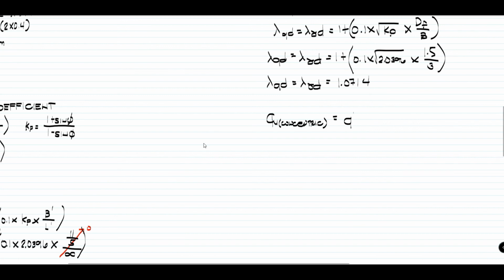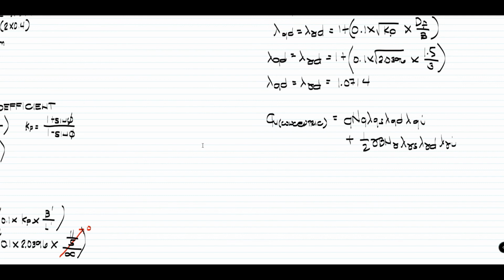So, that is Q and Q na lang, lambda QS, lambda QD, lambda QI, plus 1/2 gamma B and gamma, lambda gamma S, lambda gamma D, and lambda gamma I. So dito, hindi na natin kino-compute yung lambda gamma I and yung lambda QI kasi automatically, ang factor nun is 1.0 since yung load natin, hindi naman siya inclined.